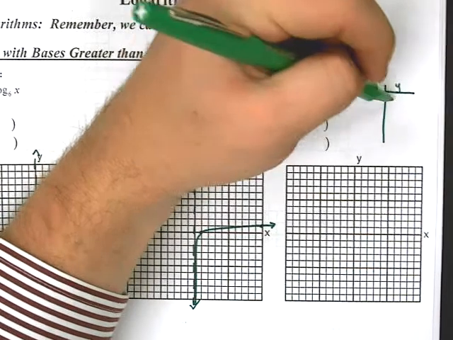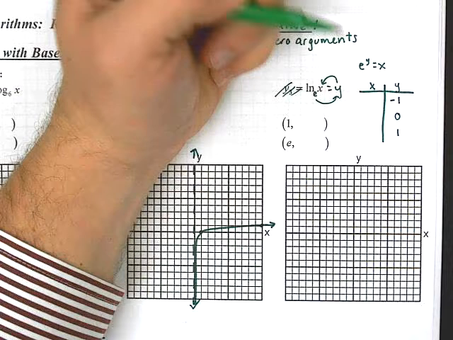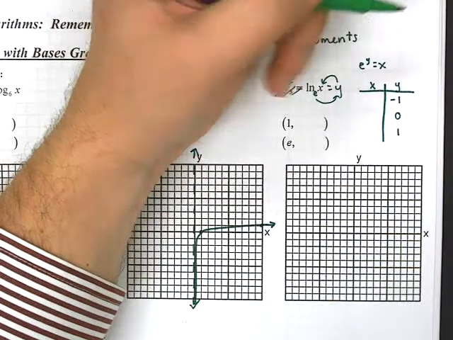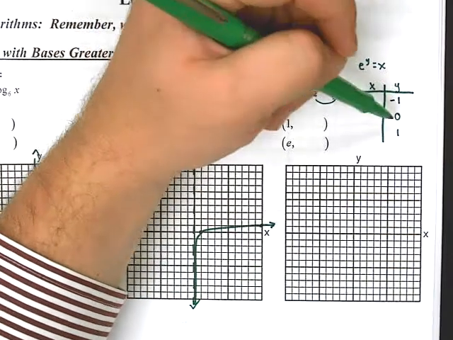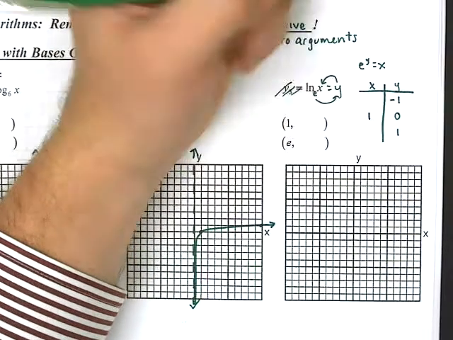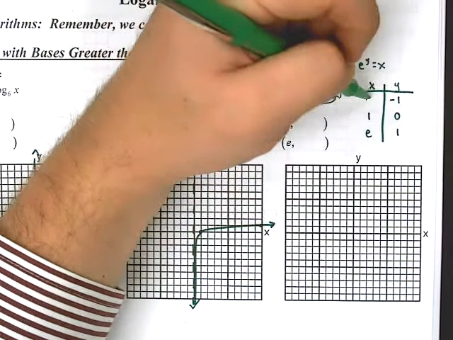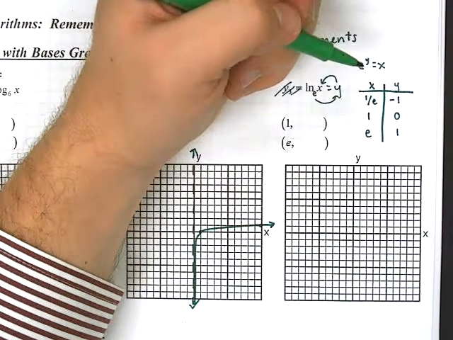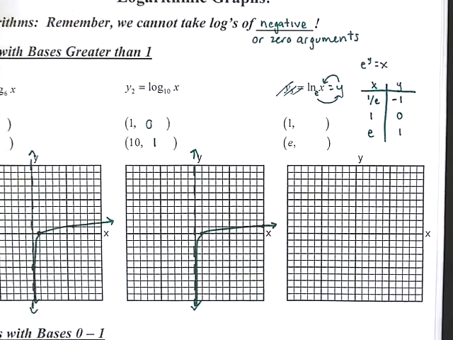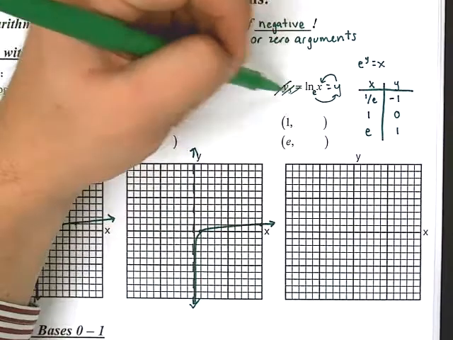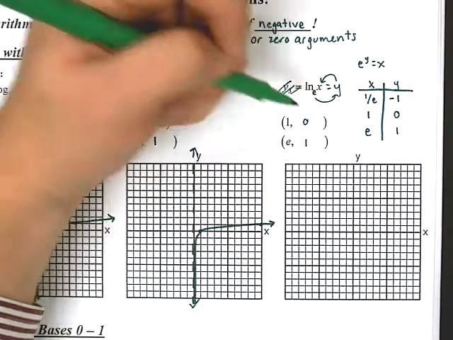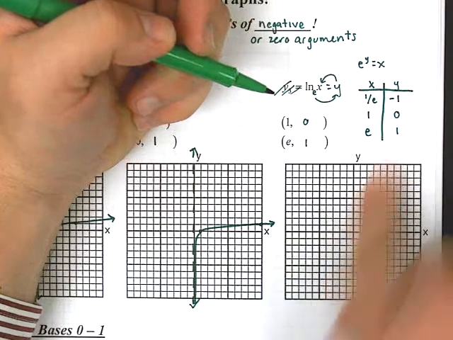I am going to put them in for the y column. Okay? Because now I can go ahead and get these values. e to the 0 is 1. e to the 1 is e. e to the -1 is 1 over e. Alright, and I can plot these points. What's really nice, guys, is if you had just done it the old way, you still would have gotten these 2 points that we got using this method.